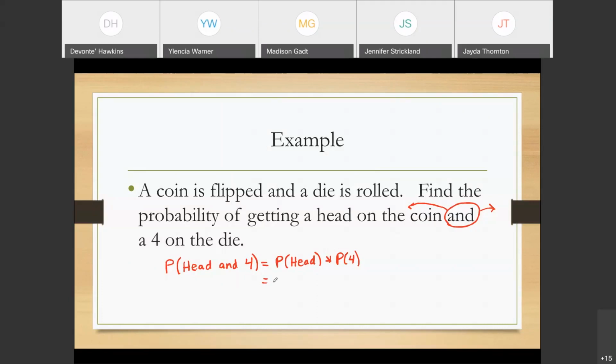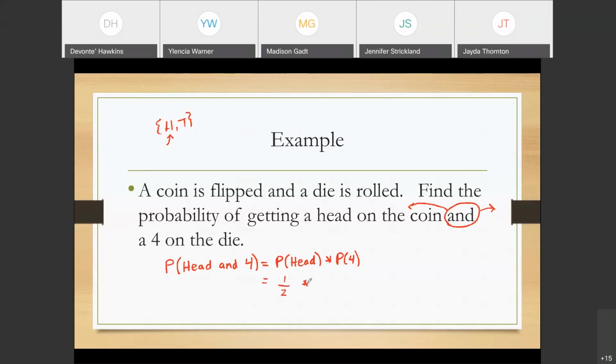Good, Madison. 1 out of 2. All right, because we know that the sample space for the coin for one flip looks like heads or tails. And so the probability of getting heads, there's one head in the sample space out of 2 things altogether.